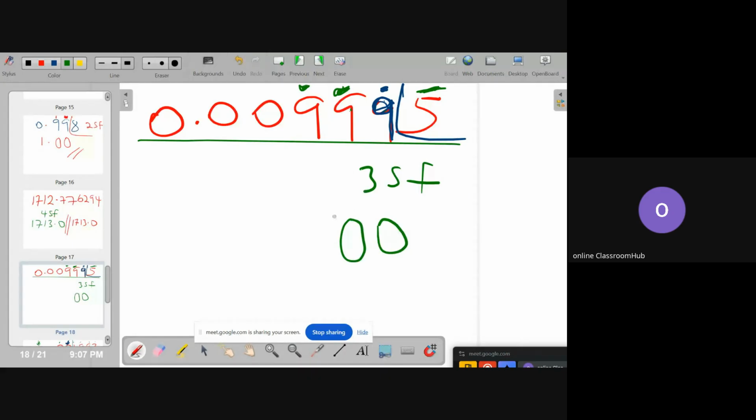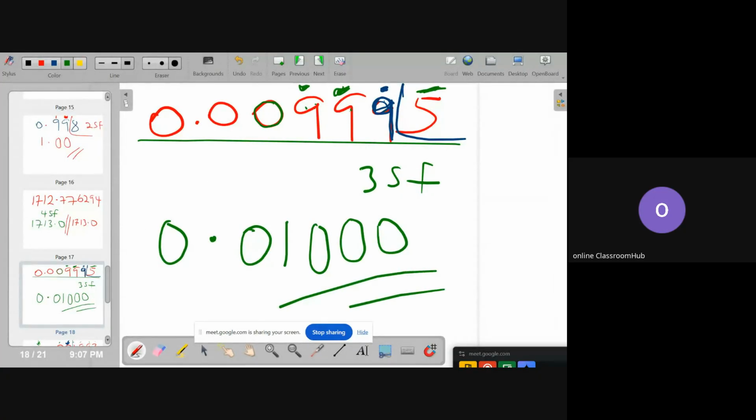You write 0. Carry 1. You pass it to the next family member, which is 9. That one will become 10. 0. Carry 1. You pass it to the next family member. Here, the family member is 0. So when you pass the 1 to it, it becomes 1. Then you continue. Here is 0. Then your point is there. Then you're 0. So this is your final answer, 3 SF.